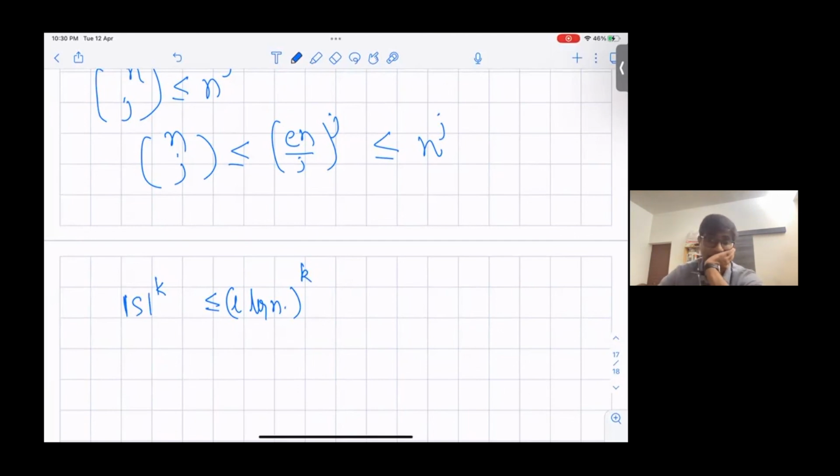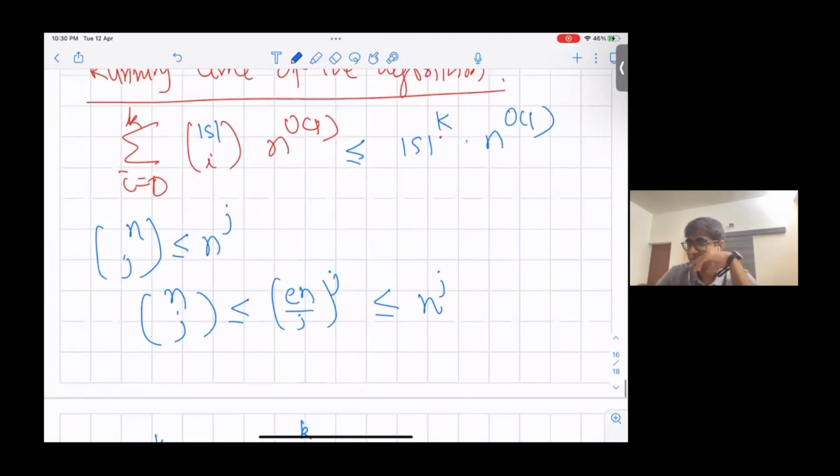This is all that I can say, because it is practically possible that k is much larger than L times log n. It's possible, right?